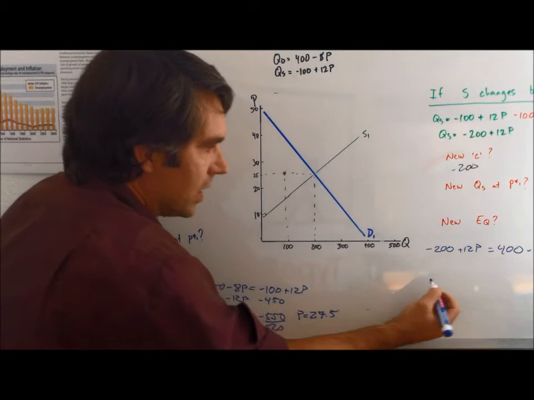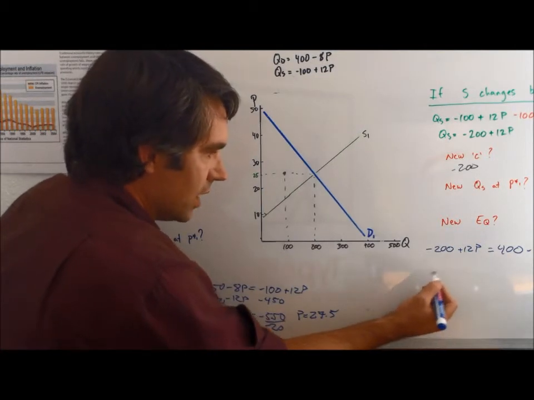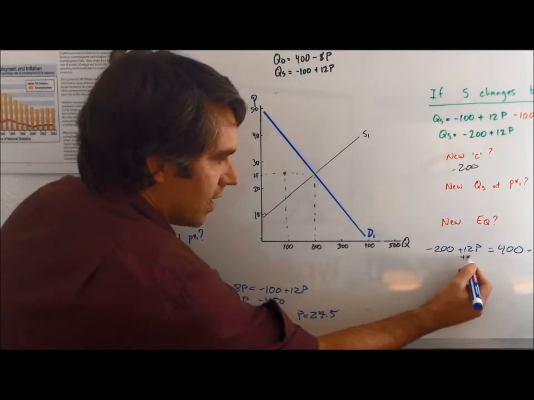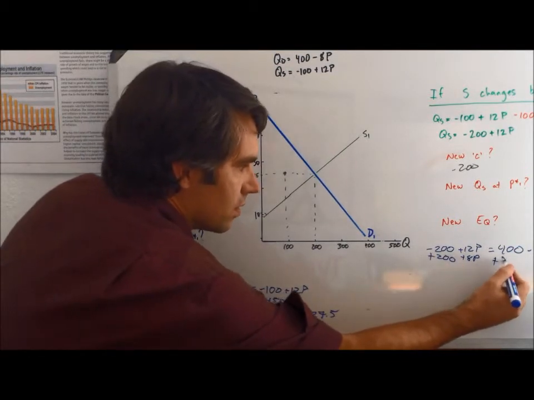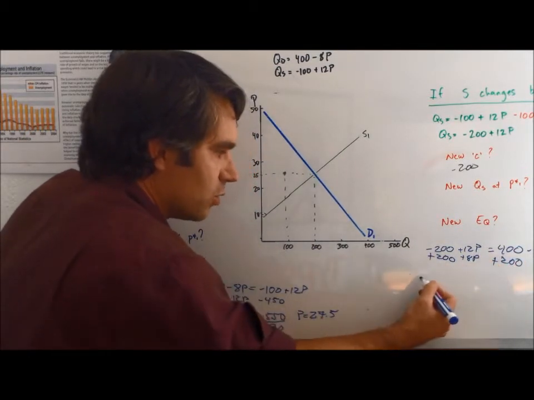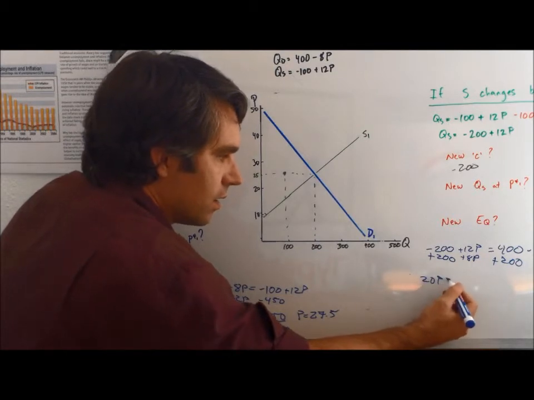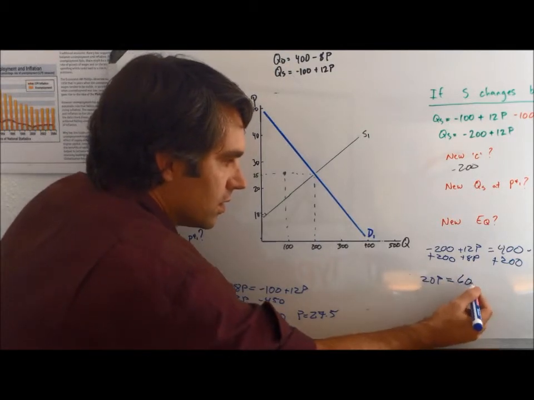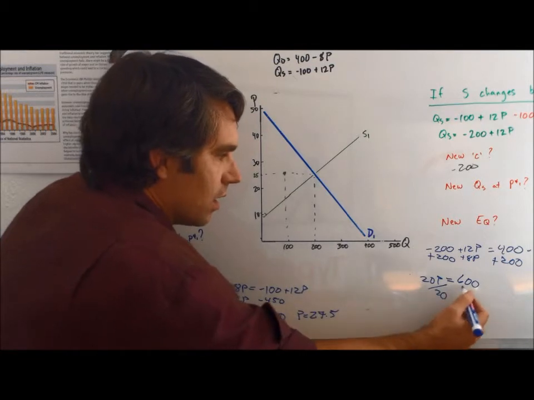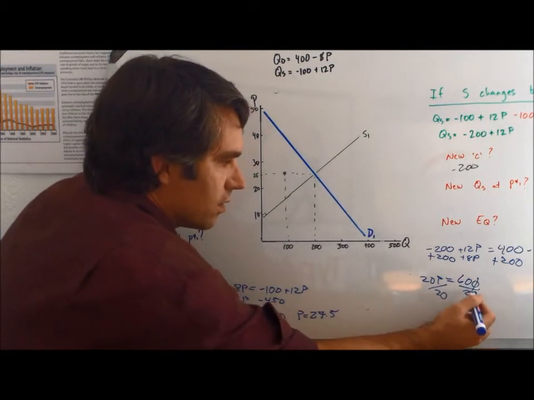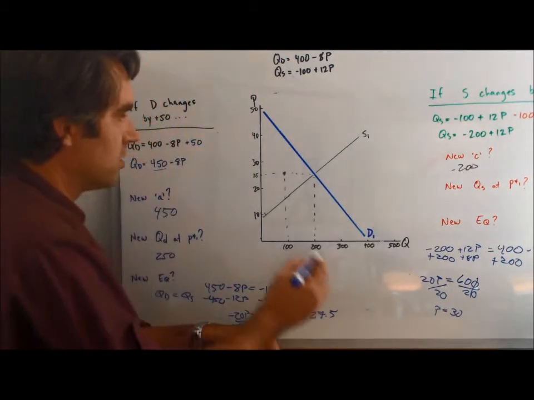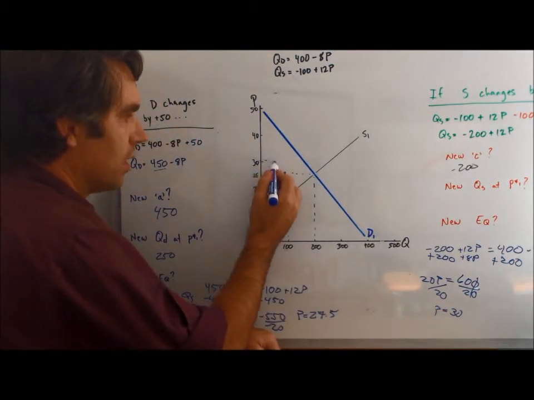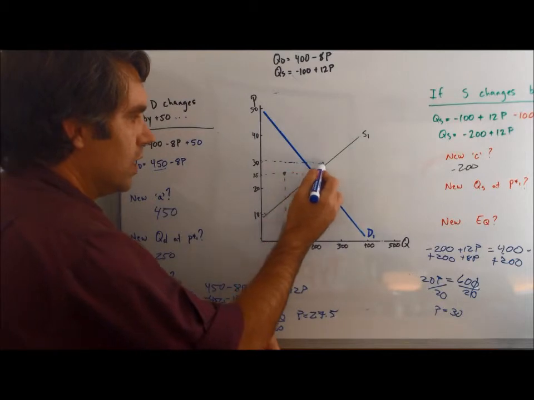I'm going to add 8p to both sides, so this is going to be plus 8p, and then I'm going to add 200 to both sides. And this is going to be 20p is equal to 600. And that's going to be 30. So I know P equals 30 is going to be where my equilibrium is.